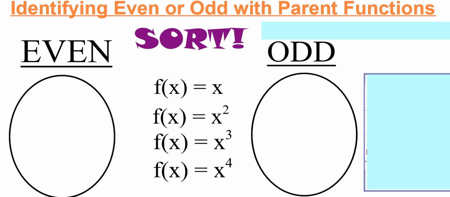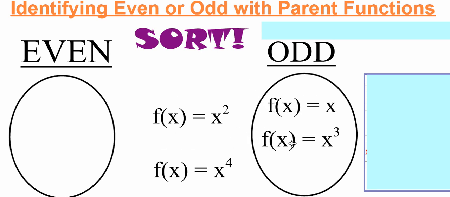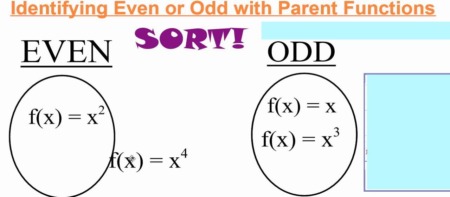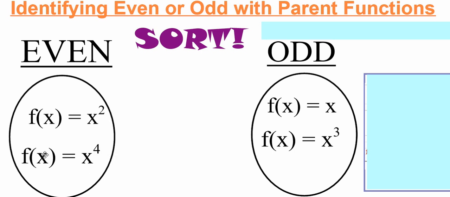All right, so I wanted to look at even and odd parent functions so that you could see that there's a pattern that's going on. I'm going to tell you that y equals x is going to be odd, y equals x to the third is going to be odd, and y equals x squared is going to be even, and y equals x to the fourth is going to be even.